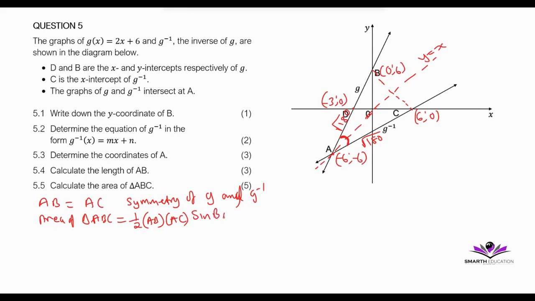Right, we need to find this angle here. How can we do that? We can use the angle of inclination to find this angle, because we have the gradient of g of x. Remember, if we have the equation in the form f of x is equal to ax plus q, then a is the gradient. So we have the gradient here, we can find this angle.